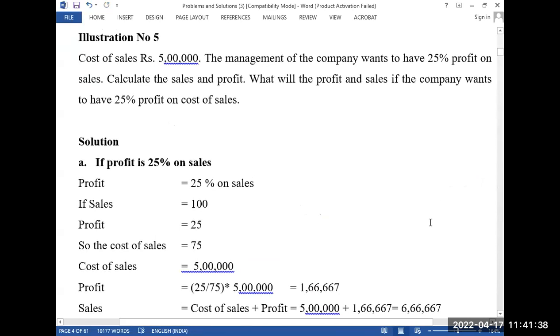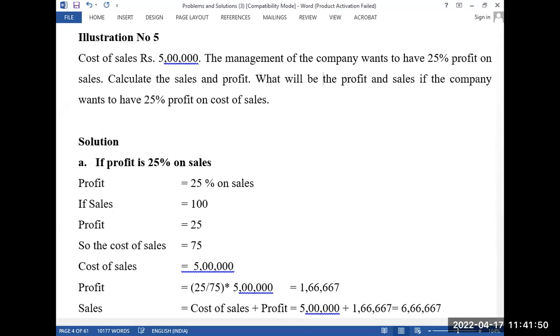But the question is saying one more thing. What will be the profit and sales if the company wants to have 25% profit on cost of sales? Only one word is different here. Previously it was told 25% on sales.